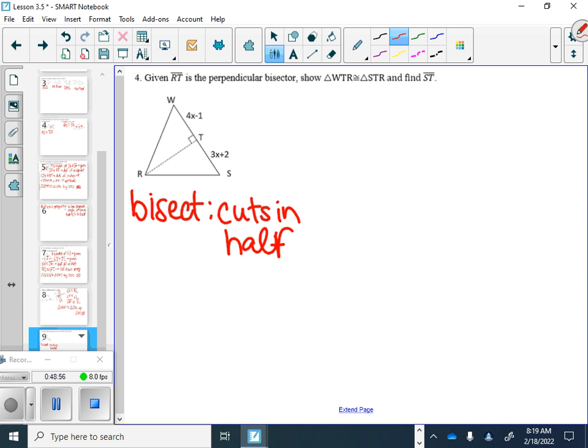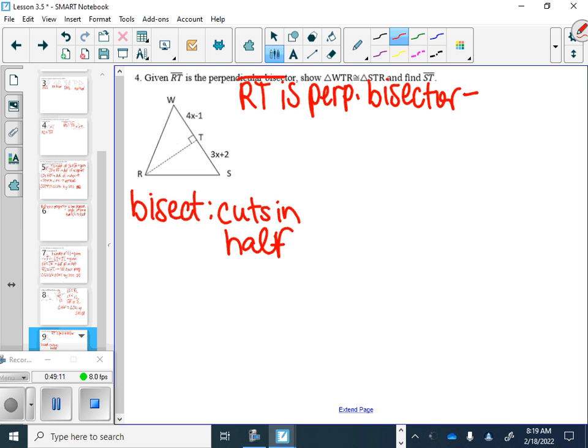So, what's the first thing I need to do in a proof? State your givens. So that's what I was given. Given that RT is the perpendicular bisector.